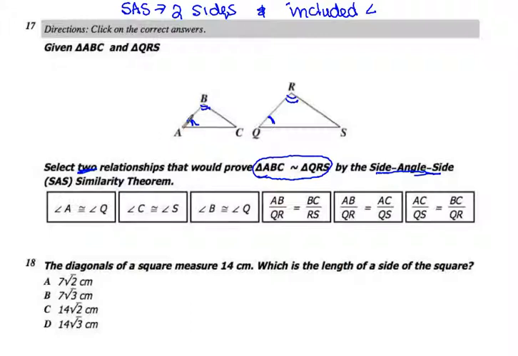Angle A is congruent to Q. Check. And I'm not going to mark them because I just want to eliminate what definitely doesn't work. C is congruent to S. That works. Well, this isn't helping any at all. B is congruent to Q. Ooh, 2 slashes, 1 slash. That is definitely not working. Okay, so we got our angles figured out.